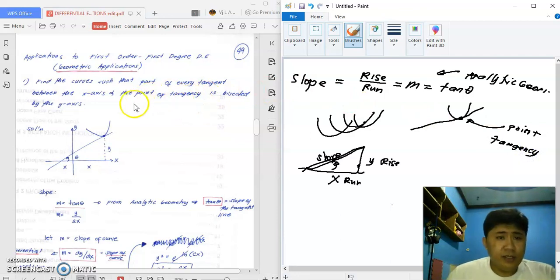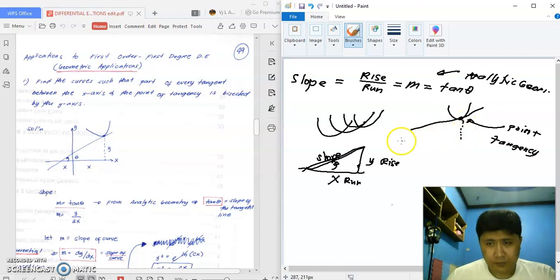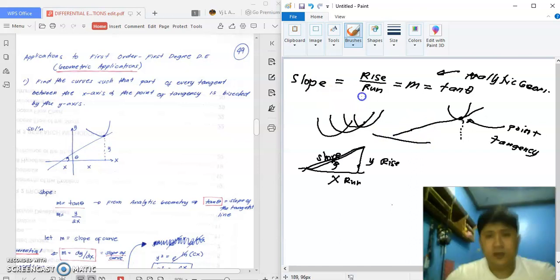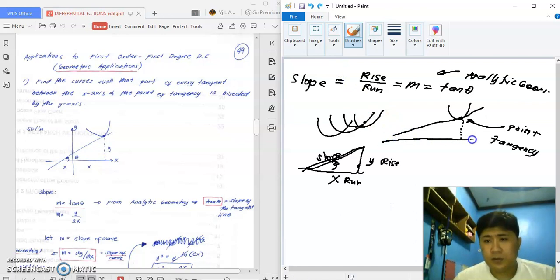Okay, now it says here also that from the point of tangency, it is bisected by the axis. So let's say we have this figure.